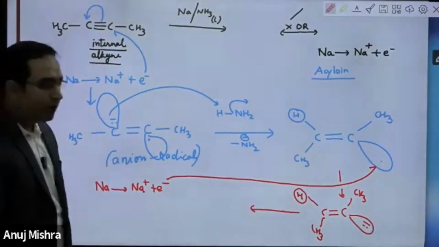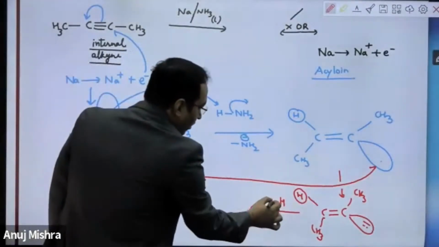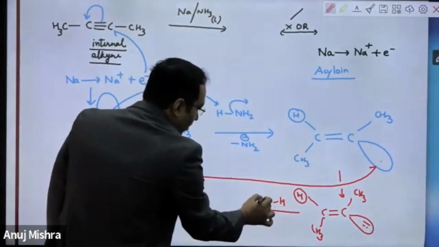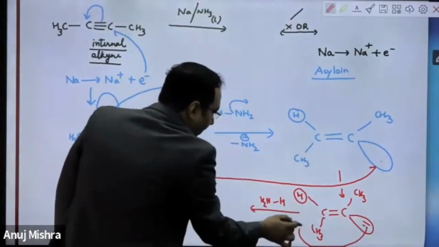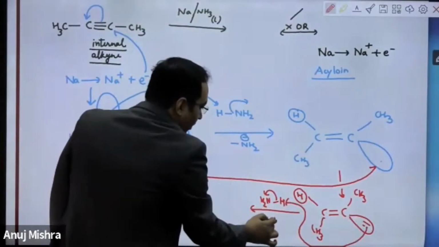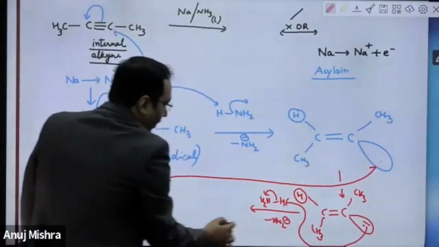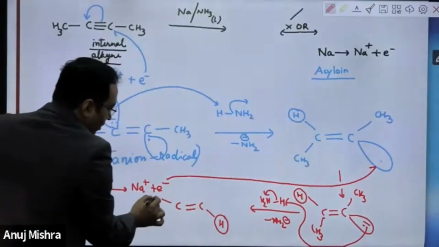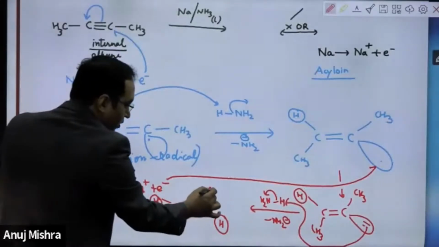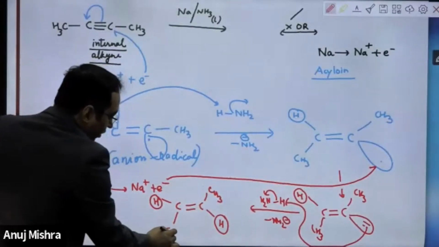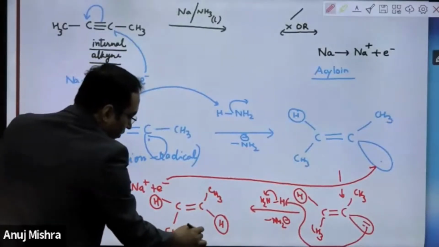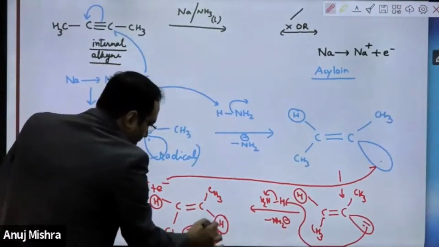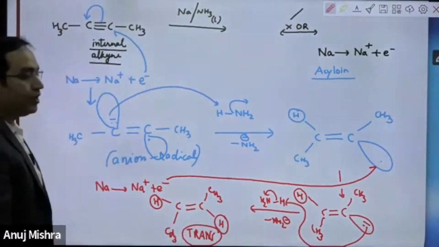Another unit of ammonia. The negative will pick hydrogen. NH2 minus is out. What's my final answer? C double bond C, with H, H, CH3, CH3: the trans compound. This is the complete mechanism of Birch reduction.